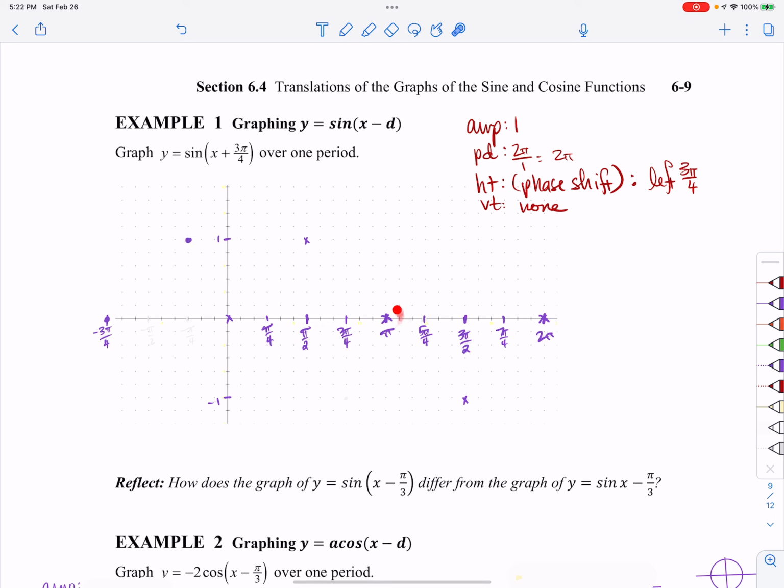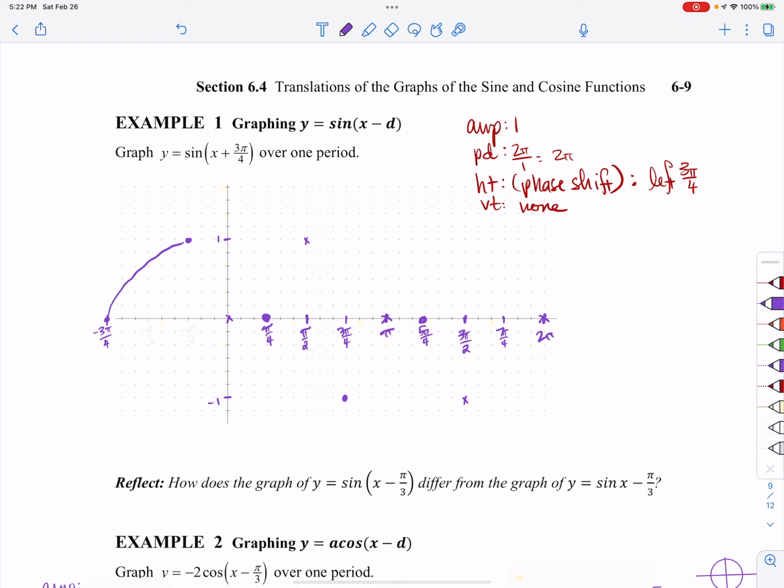And then let's take my x-intercept, my middle value, and go backwards 9 blocks. That's going to land me on pi over 4. And then I want to take my minimum backwards 9 blocks, and that's going to land me here. And then lastly, take your last x-intercept and go backwards 9 blocks. And then you can connect the dots.